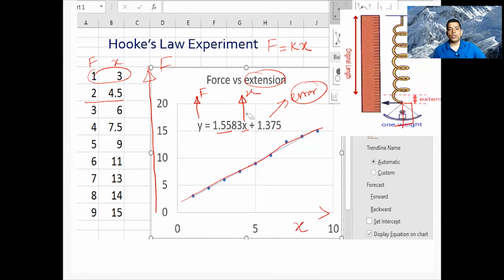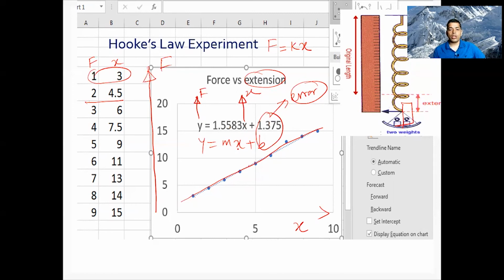Okay, so this k is the slope, right? Because in the equation of a straight line, remember, y equals mx plus b. This b is supposed to be 0, but that's okay. And here your y is F, your x is x, and this m is this guy.